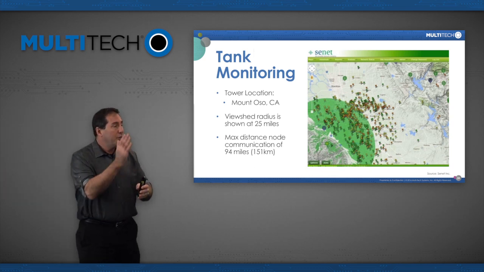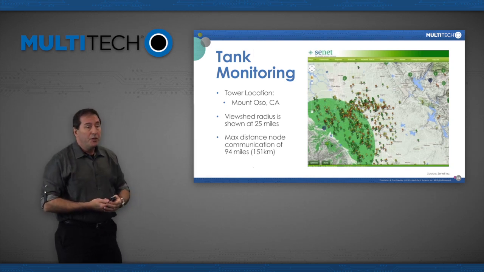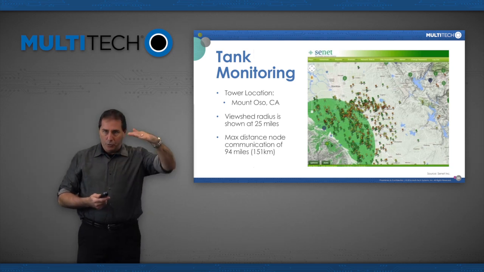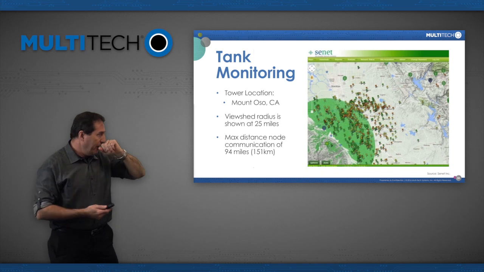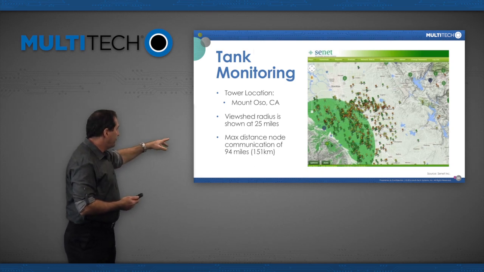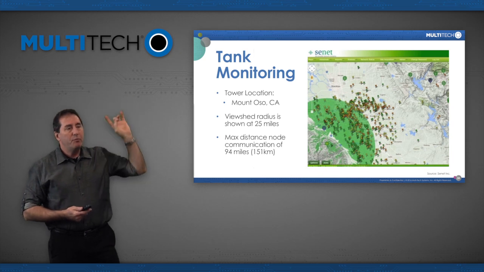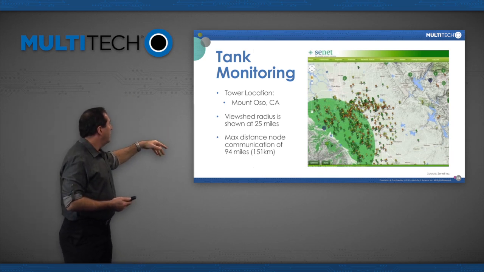And they service various vertical markets. One of the vertical markets they service is tank monitoring. So this is an example from California, the northern part of California, south of San Francisco, kind of Silicon Valley area. And what happens is they put a gateway on top of Mount Oso. So it's kind of high, it's up there.